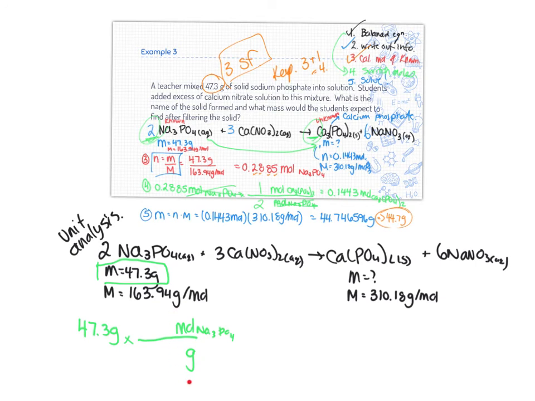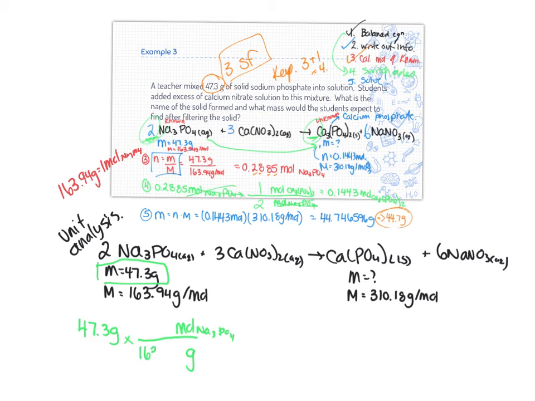Notice that moles per gram doesn't really mean anything, but grams per mole sounds familiar. This is because for sodium phosphate, 163.94 grams is equal to 1 mole of sodium phosphate. So I'm going to put that information in to this fraction.